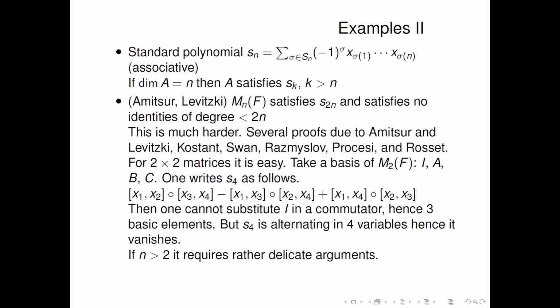Then it is clear that if A is of dimension n, then it will satisfy Sk for every k larger than n. Why? This is also elementary linear algebra. How do we prove that the determinant of an n by n matrix is zero if the rows of the matrix are linearly dependent?